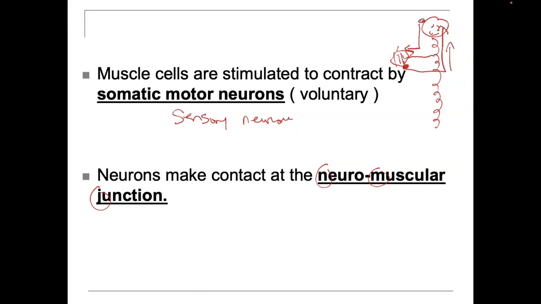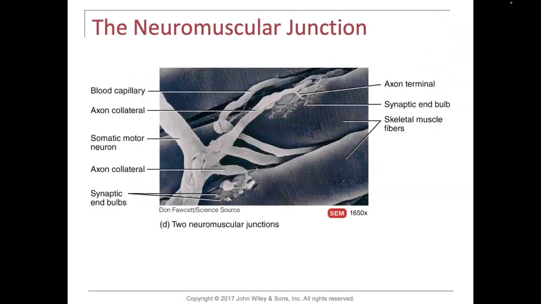So we're going to focus on motor neurons. Somatic motor neurons are the neurons that go from the brain down the spinal cord to the nerve to the muscle. These are voluntary. You can consciously control them. The region where the neurons make contact at the muscle is called the NMJ, the neuromuscular junction.